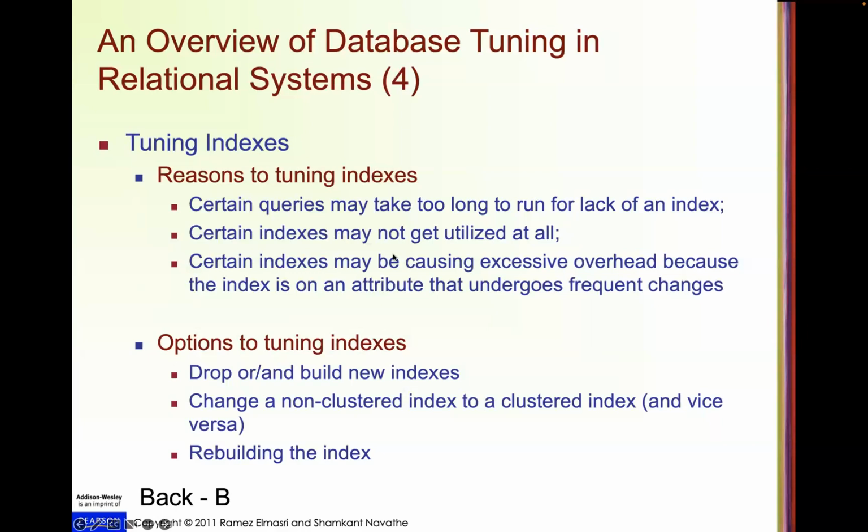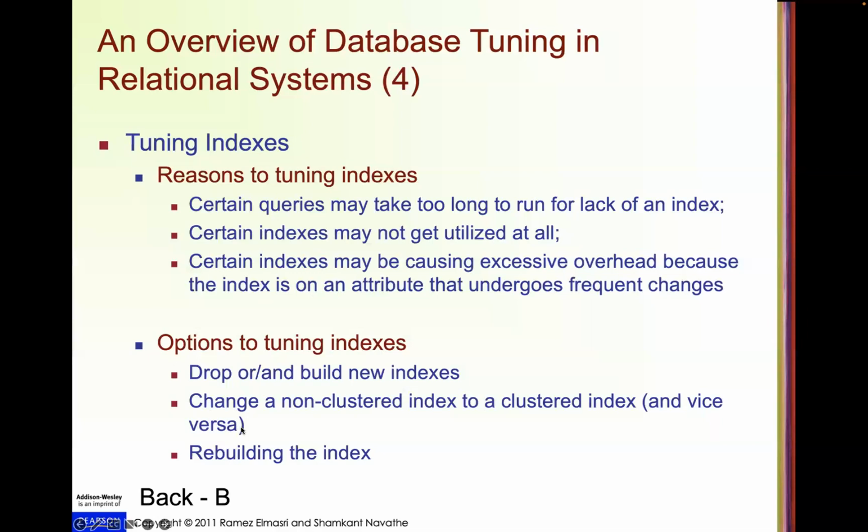So if we keep an index on a field whose values keep on changing, then the disturbance will even be caused for the index performance. So in that case, rebuild the index on a new field, okay, which is not changing that often.